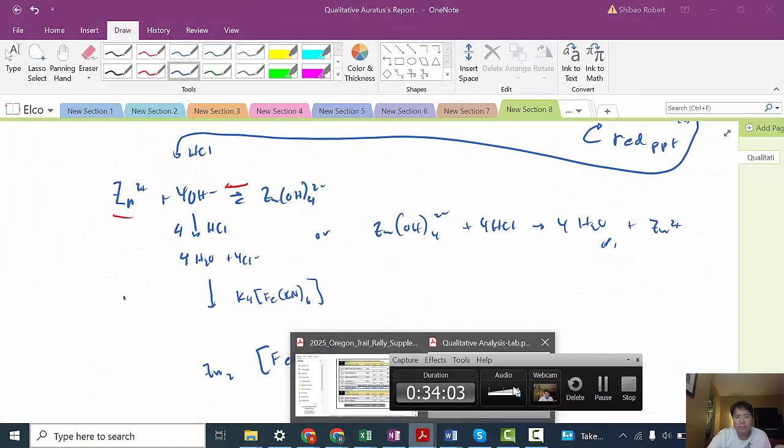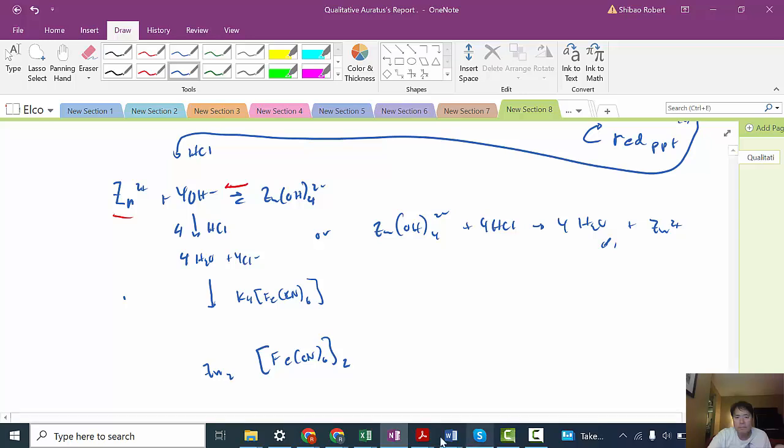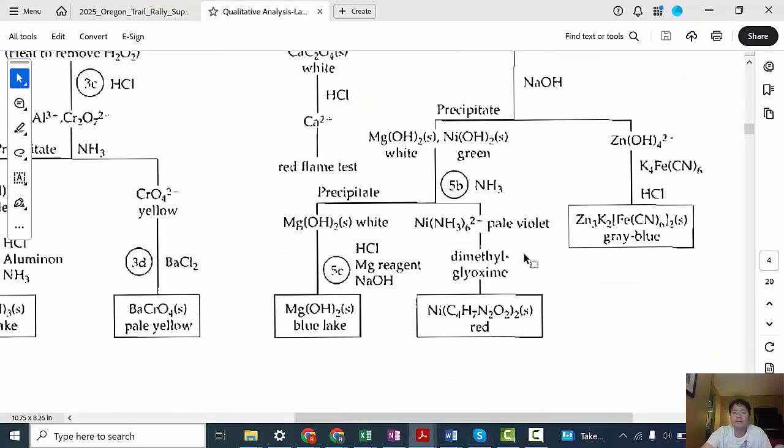What do we have here? We end up, to get the correct ratios, 3 zincs, it gives us a -6, and then 2 potassiums, which gives us +2. That gives us -6.